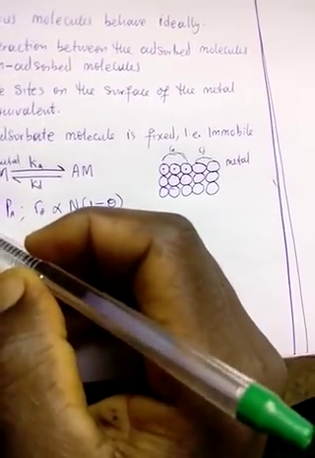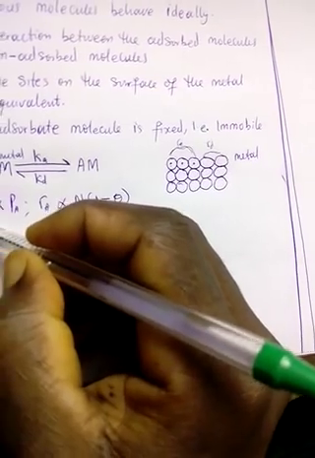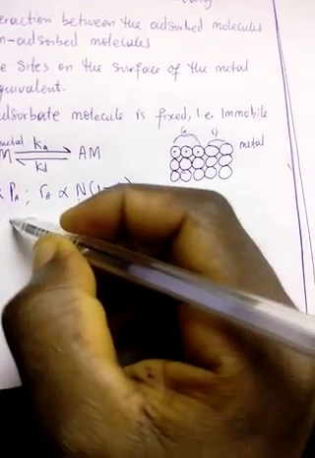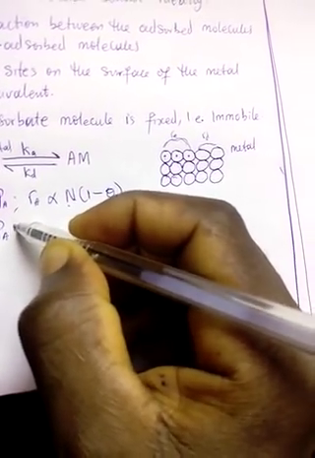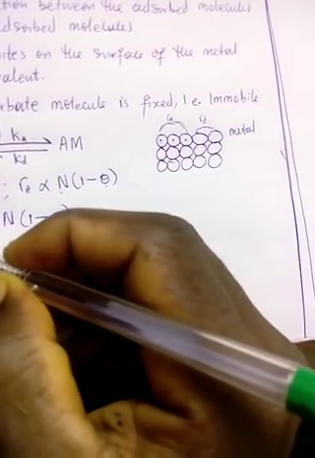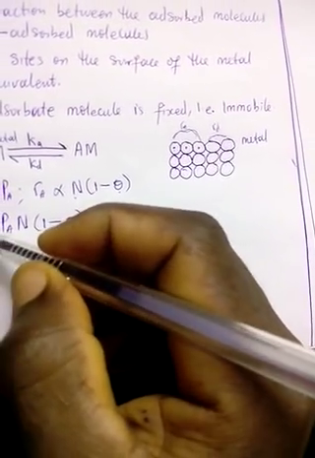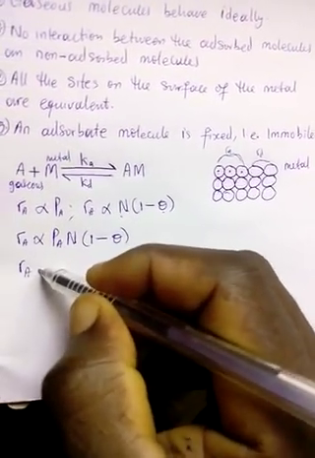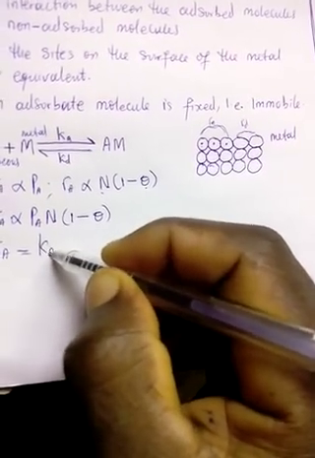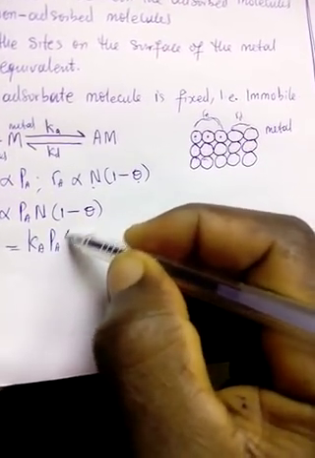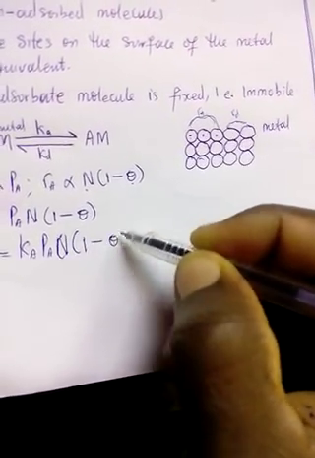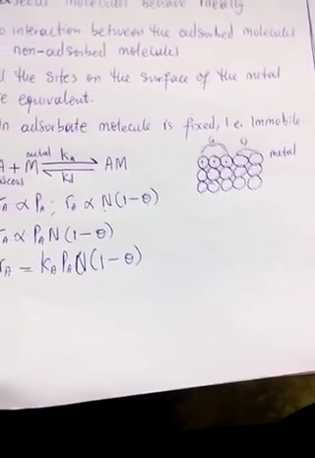So we can combine the two: R_A is proportional to P_A N(1 - θ). When we remove the proportionality sign, we have the rate R_A equals Ka P_A N(1 - θ). So let me divide the terms here.